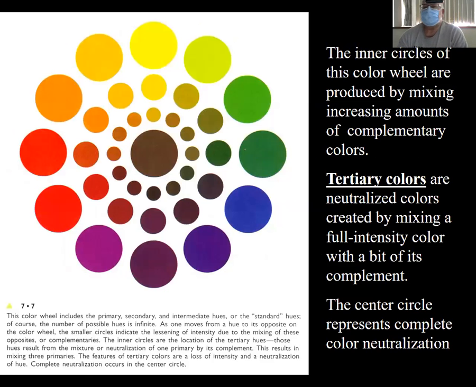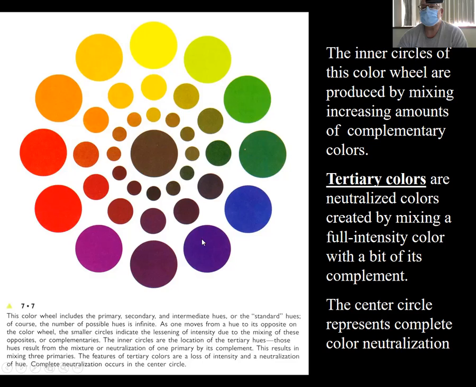Okay, so, oh my God, it just gets more and more complicated. For the moment, we're going to ignore these colors in the middle because they are called the tertiary colors. I guess I'm not ignoring them, am I? They happen when you take a yellow-orange up here and mix a little bit of its color complement with it to neutralize it slightly.